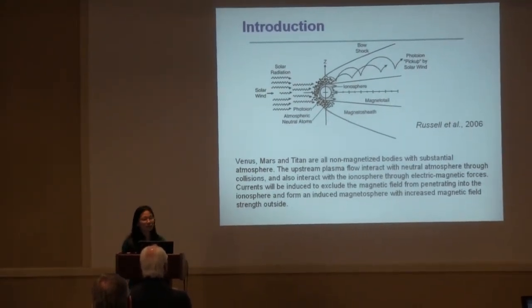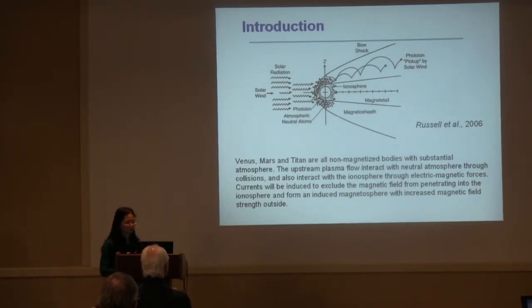The solar wind can directly interact with neutrals through collisions. Some of them might result in the creation of new particles, which are subject to be picked up by the solar wind. The upstream plasma also interacts directly with the ionosphere, and because it's highly conducting, currents will be induced that try to exclude the magnetic field from penetrating into the ionosphere.